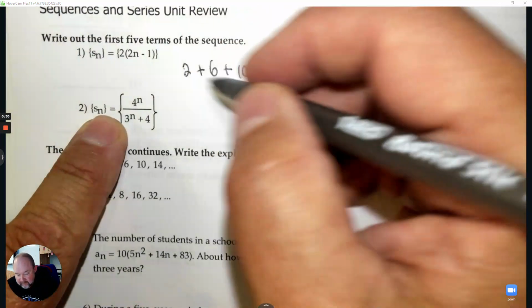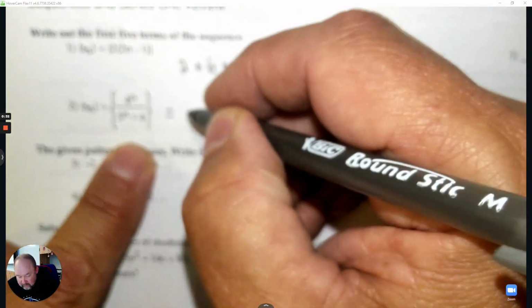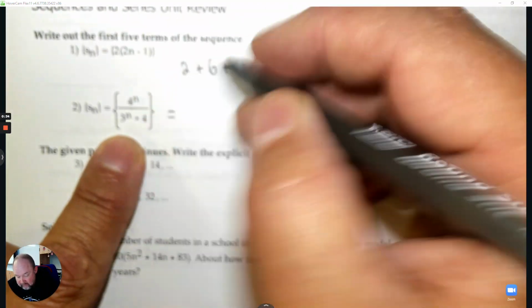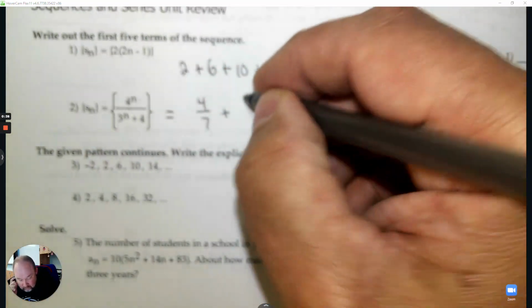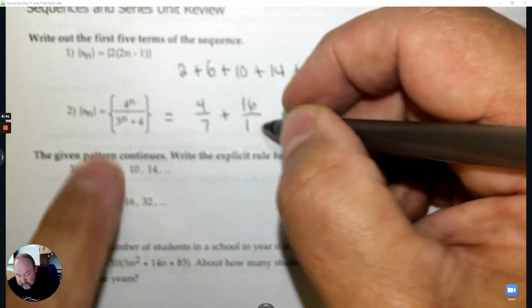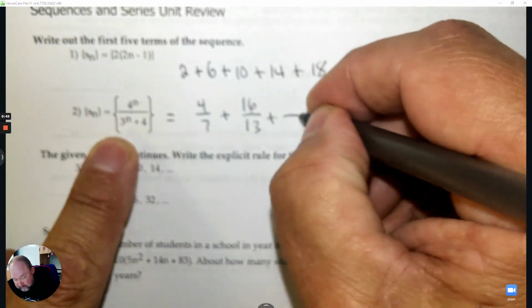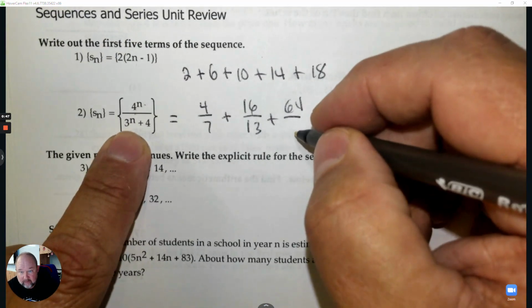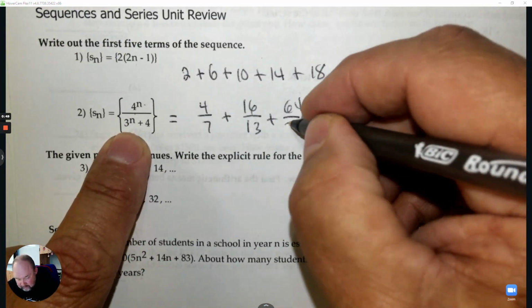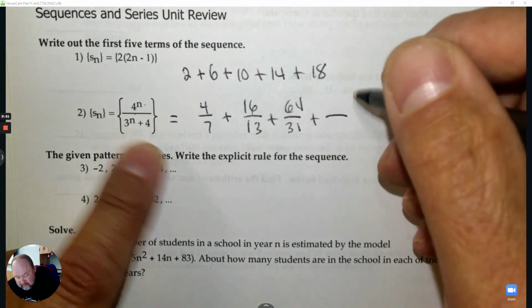Same thing here. We're adding here. So we're going to plug in 1. That's 4 to the exponent 1. And then 2. And then 3. And I'm just plugging these in. That's 27 plus 4. Then 4.